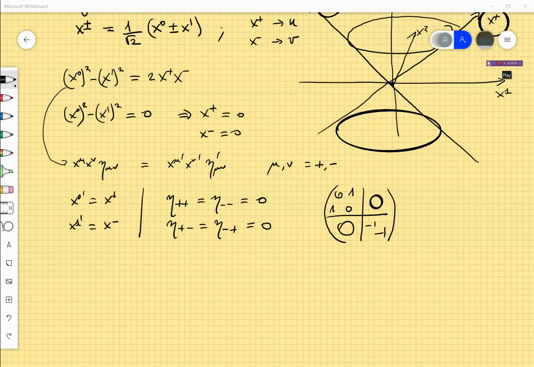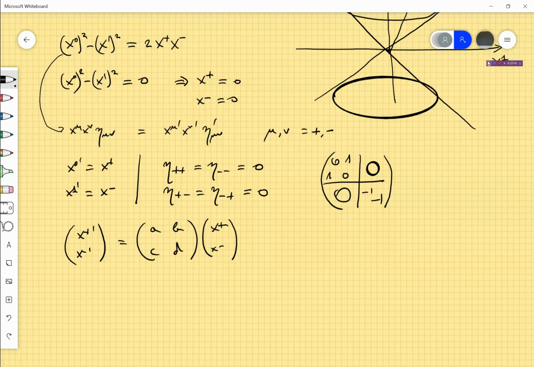So these transformations will be (x plus prime, x minus prime) equal to some matrix A, B, C, D times (x plus, x minus). And all we know is that x2 with the 2, if you want, x plus prime times x minus prime will be equal to x plus times x minus.